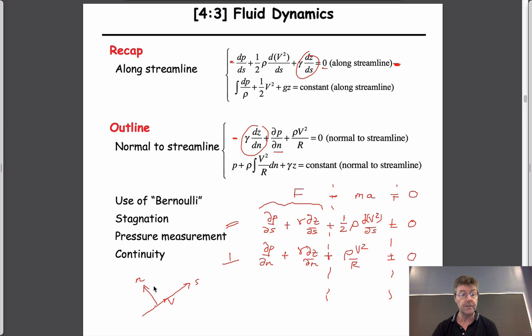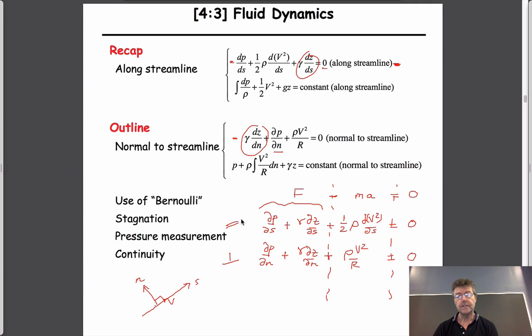This is the normal direction, as we talked about before. This has to have some curvature in it if this is going to be a term. And these two separately are, this is convective acceleration, as we've talked about before, change in velocity to location, and this is centrifugal acceleration, swinging things around our head.